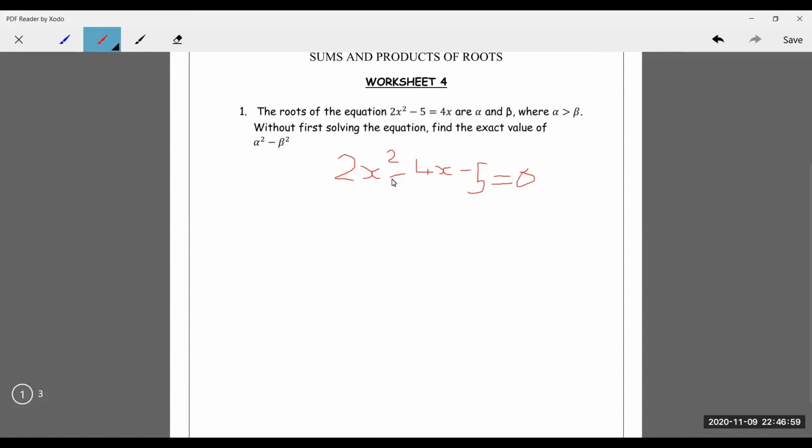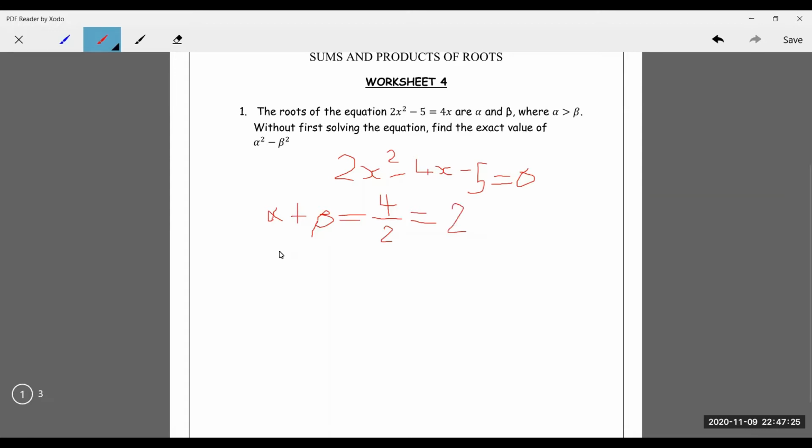We know that the sum of the roots, which is alpha plus beta, is minus b over a, which is minus minus 4 over 2, and that is 2. So that's alpha plus beta.